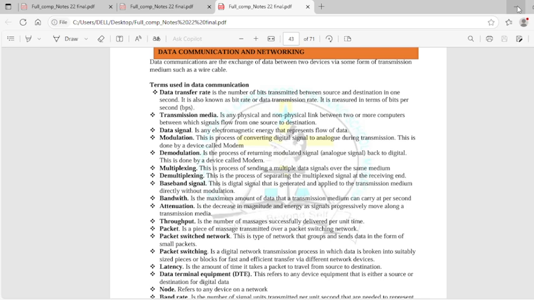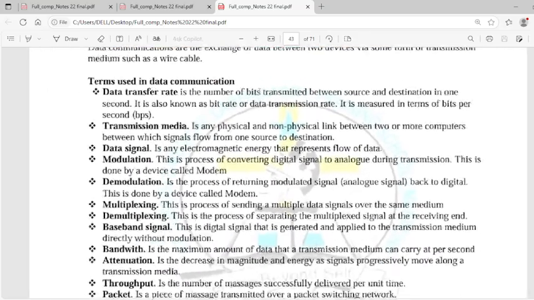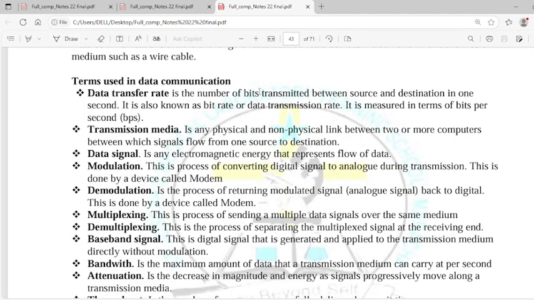So what are bits? At the beginning, we looked at the memory units, and the bit was the smallest unit of data. So, in a second, if more units of data are transmitted from one device to another, then it means the speed is higher, or the transfer rate is higher.